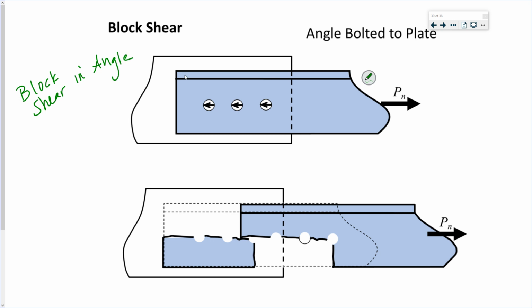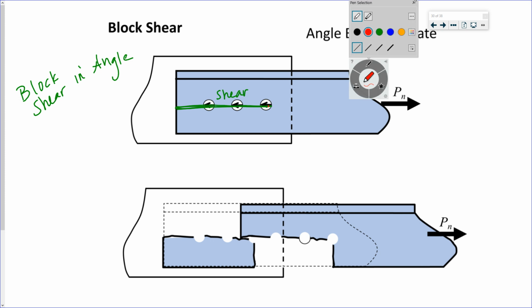It means if I pull the angle, it'll shear along that bolt line, and it could have a tension, a potential rupture along that plane.